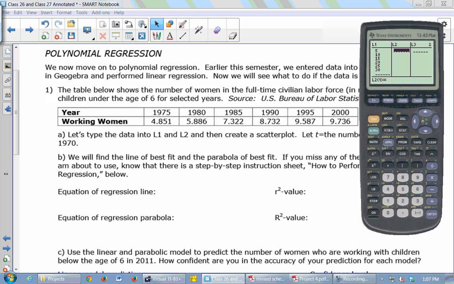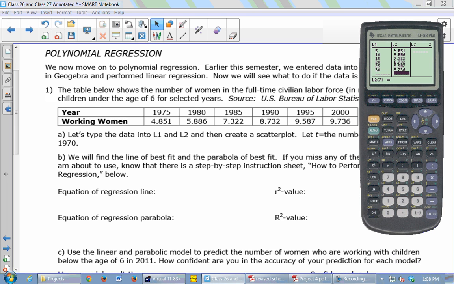All right, and then my number of women in the workforce in millions is 4.851, 5.866, 7.322, 8.732, and 9.736.